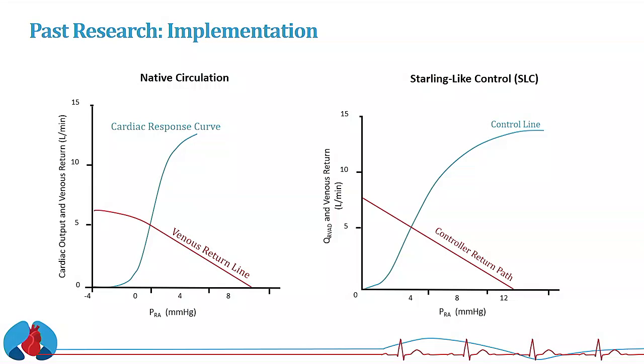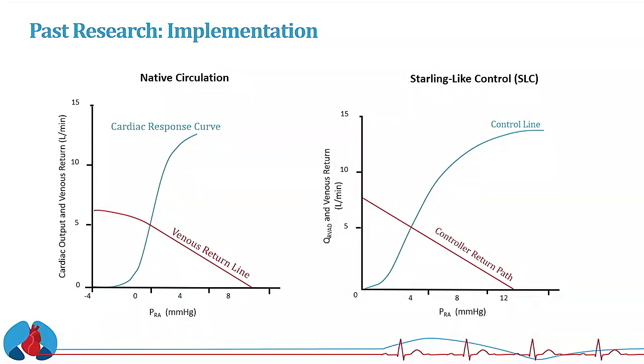So if we look at the Starling mechanism as a mathematical model, we can see here we've got the atrial pressure, so in this case this is the right atrial pressure, and here we've got the cardiac output. And we can see that as atrial pressure goes up, the cardiac output goes up quite steeply up to a certain point, and then it sort of asymptotes off because that's the maximum ability of the heart to output blood.